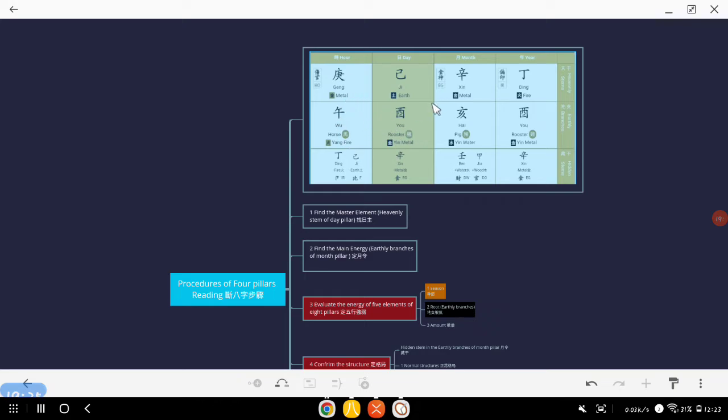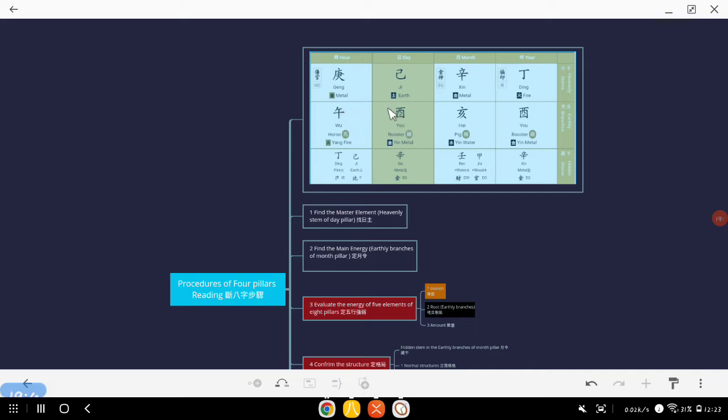So this is not a good example. But let's just say if the Daymaster is not earth, we can say that if we put an earth element here, the fire will produce earth, earth will produce metal. So here we create a circulation.